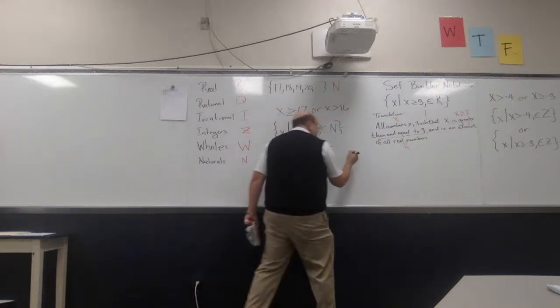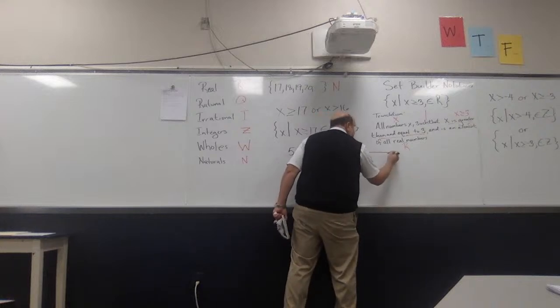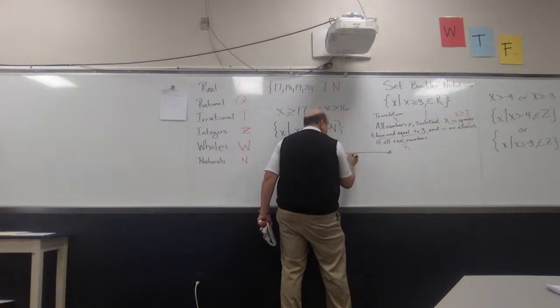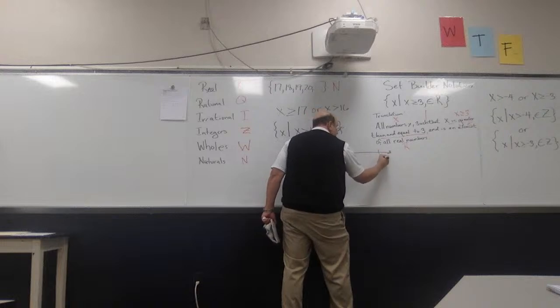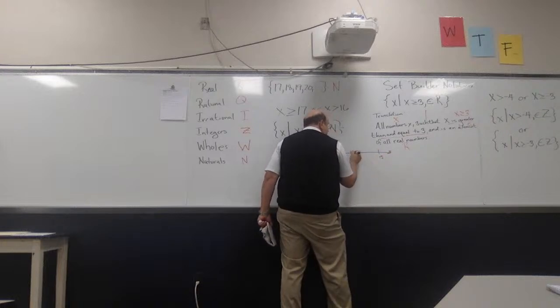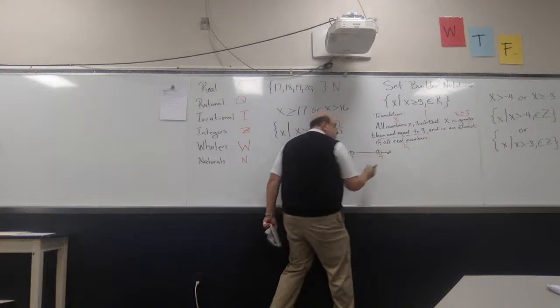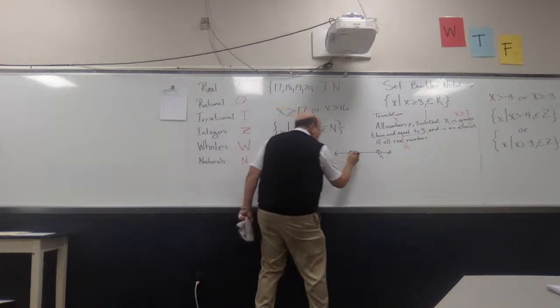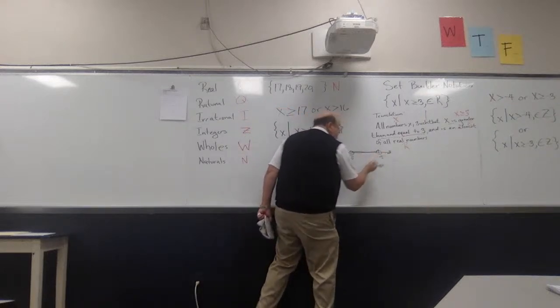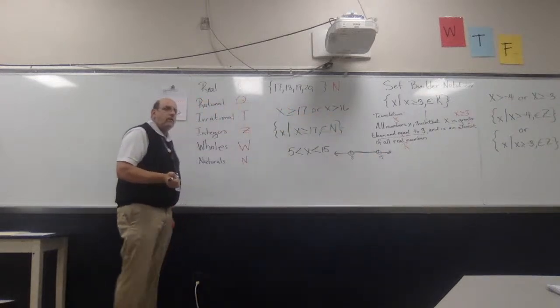If I wanted to see it on a number line, I'd have open circles around 5 and 15 and shade everything in between.